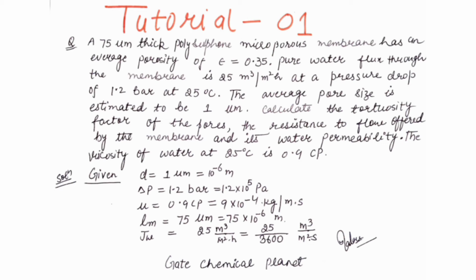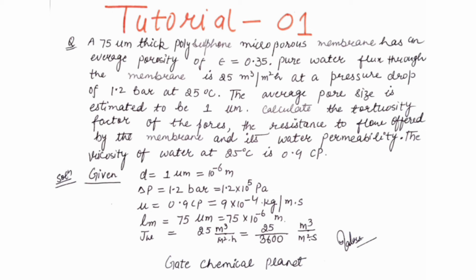Pure water flux through the membrane is 25 meter cube per meter square hour at a pressure drop of 1.2 bar at 25 degrees Celsius. The average pore size is estimated to be 1 micrometer. Calculate the tortuosity factor of the pores.